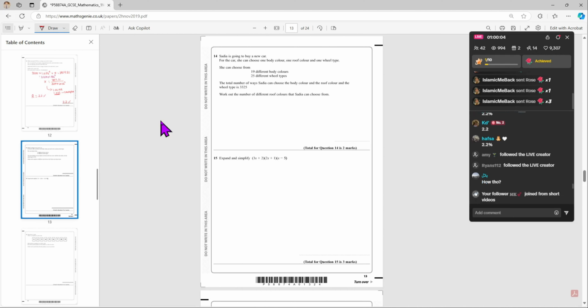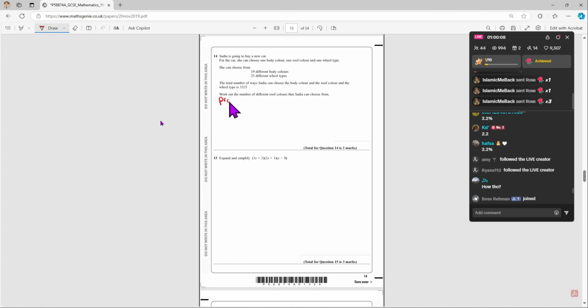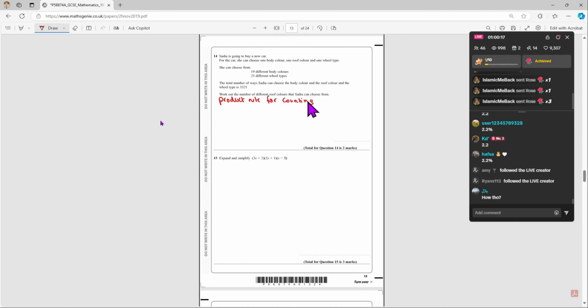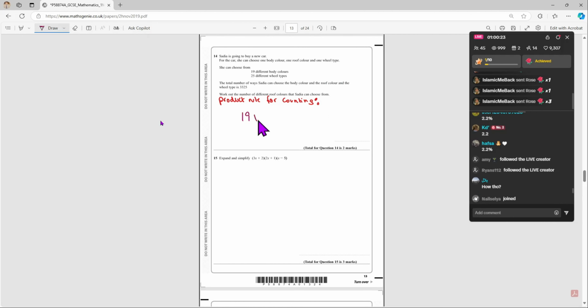So we know that we're going to use the product rule for counting. The product rule for counting is basically to multiply to find the total combinations. So we're going to do 19 times 25 times the number of rooftops, which we call x, which is equal to 3,325.